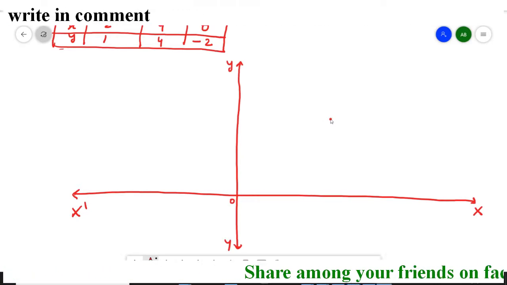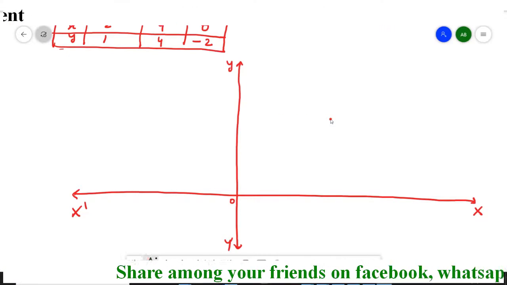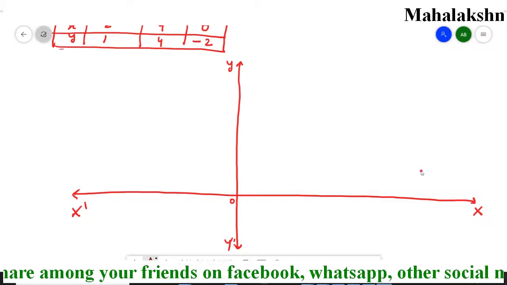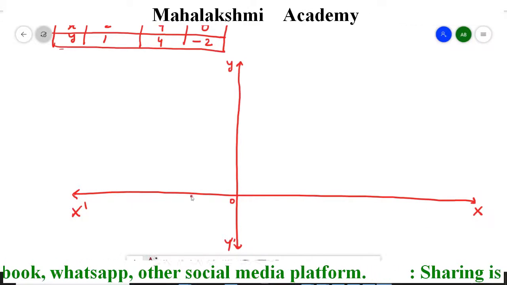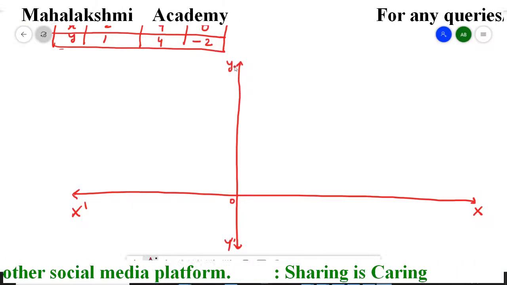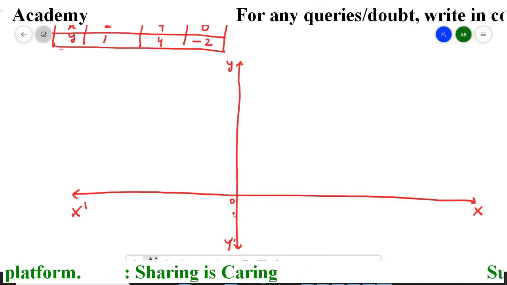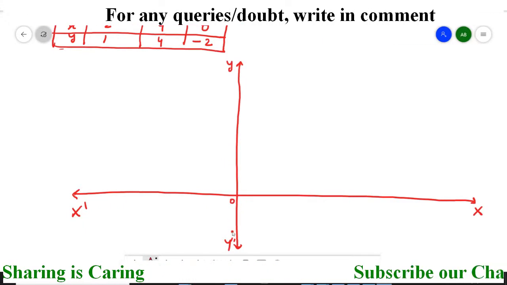So this I am mentioning here. So this x means this is positive side, x dash means this negative side, and here y is positive side, and here y dash is negative, so it's a negative side.